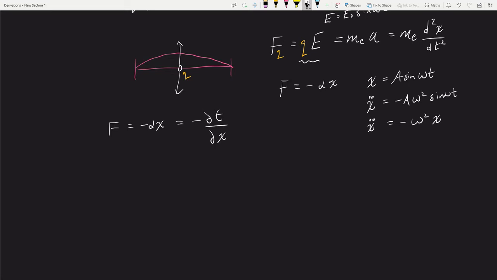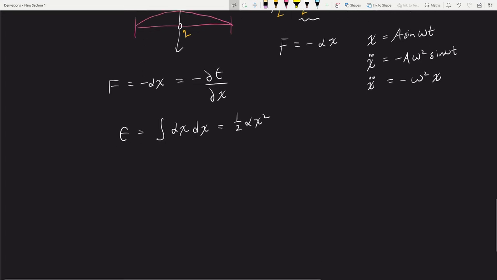Given that f is only a function of x, we can also say that E then is going to be the integration, the two minuses cancel out, the integration of alpha x dx. And I'm going to leave out our constant of integration here, but we just get 1/2 alpha x squared.